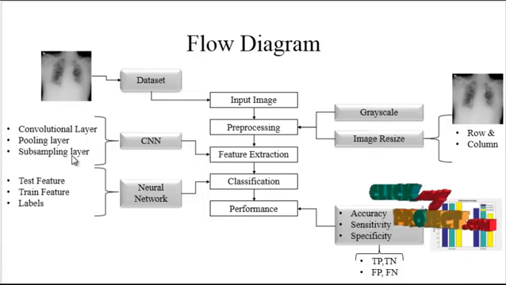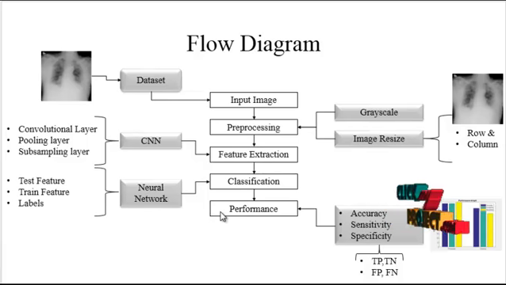After that, we go for the classification. In this classification step, we are using the neural network classifier. In this neural network classifier, we have to give three things as input. First one is the test feature, the second one is the train feature, and the third one is the label. By using these three inputs, the neural network will classify the images as normal or abnormal.